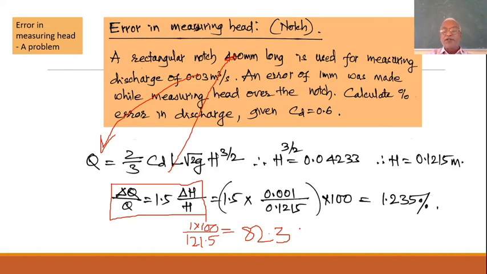Now for this, if you multiply by 1.5, because it is 1.5 times, you end up with 1.235%.